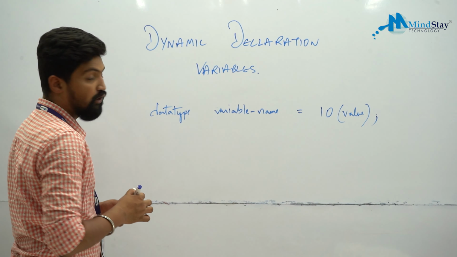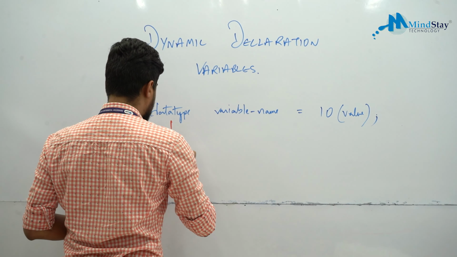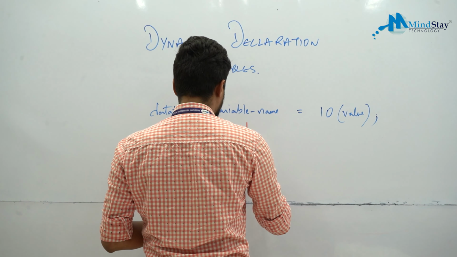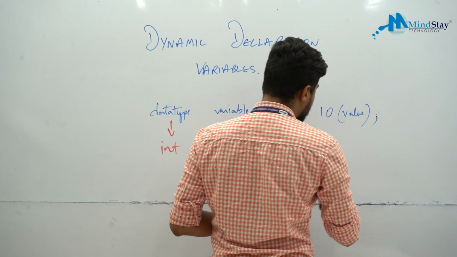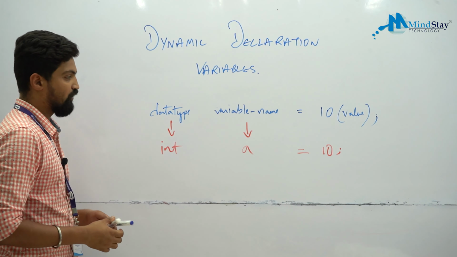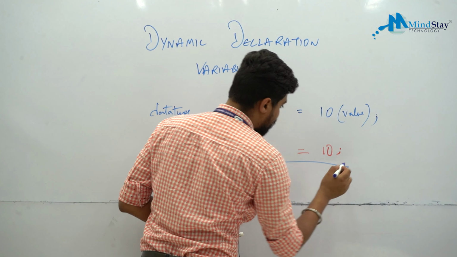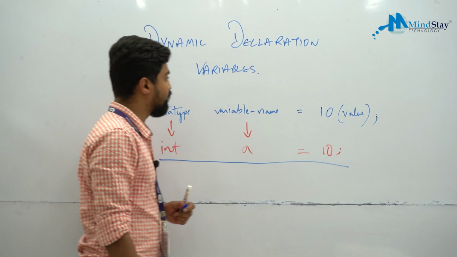If I need to give an example, let us say the data type that I have is int. Let us say the variable name that I have is A, and here I am storing the value 10 in it. So you can also do this in a single line. You can write int A is equal to 10. This is called a dynamic declaration of your variable.